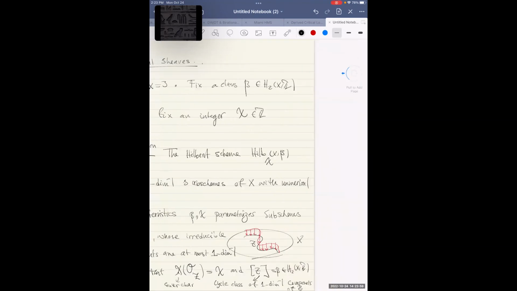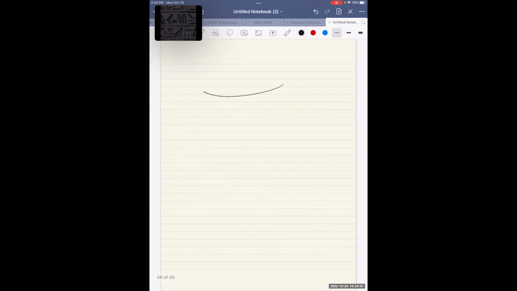So the issue in this picture is that if you have X, you can have a system of a curve, a bunch of embedded points on the curve, and a bunch of points off the curve, and the whole thing would be the subscheme Z for us.